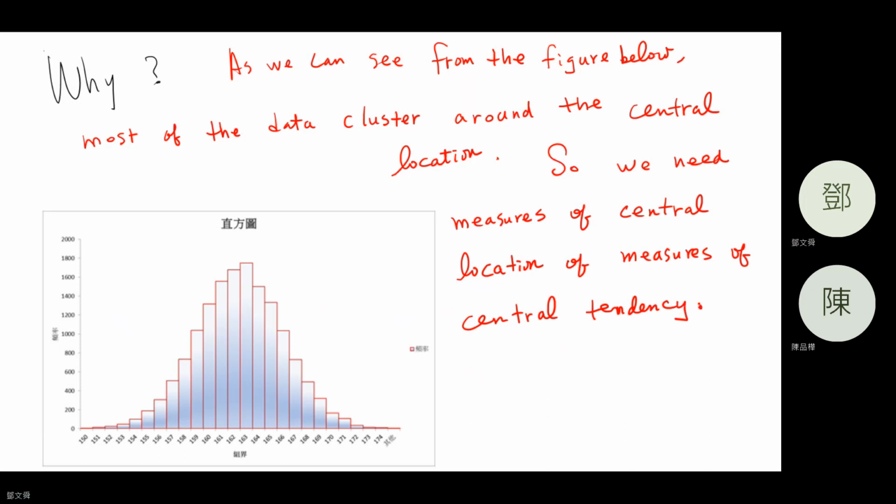Right? Here. Most of the data cluster around the central location.